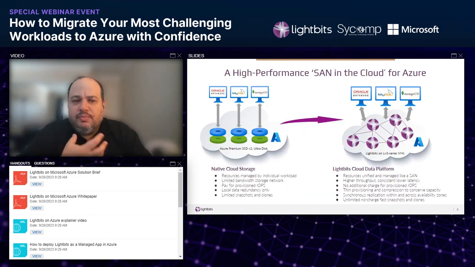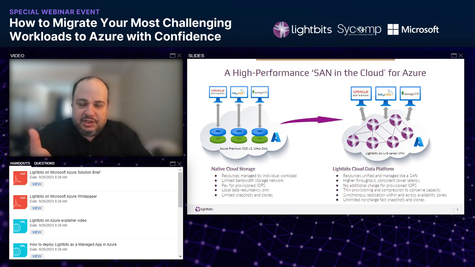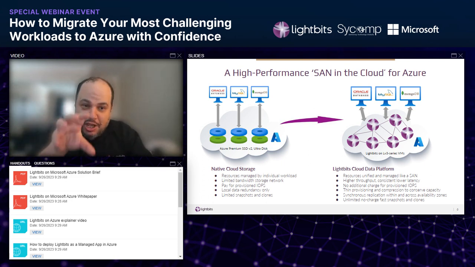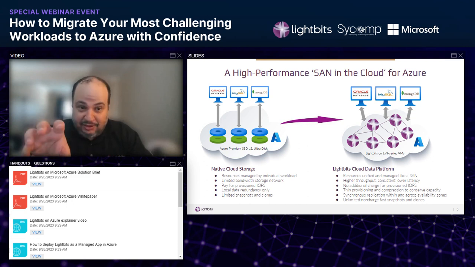Now, if we compare Lightbits to the Azure managed disk available today, you will see that Lightbits is basically a SAN in the cloud. With the Azure managed disk, you need to provision and manage each block volume as an individual entity for each of your applications.